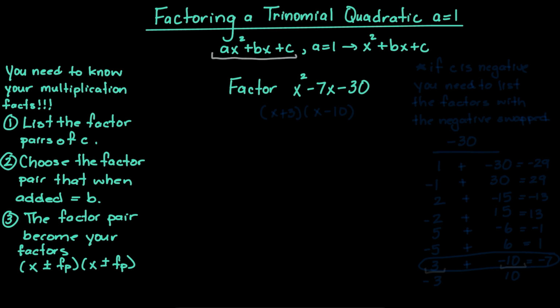Next problem, let's factor x squared minus 7x minus 30. Another Lex tip, if c is negative, you need to list the factor pairs with the negative swap.